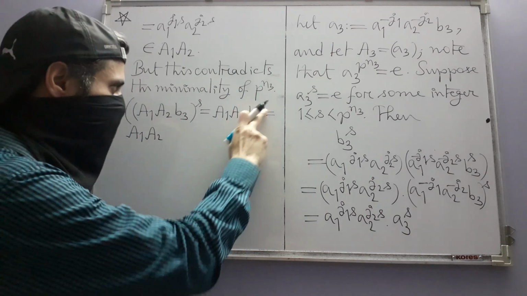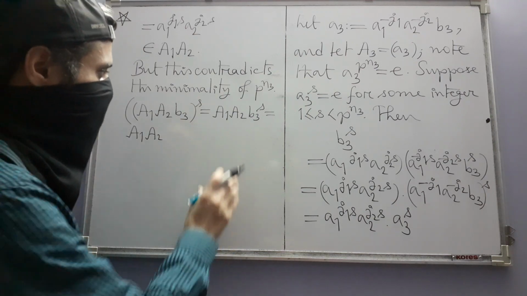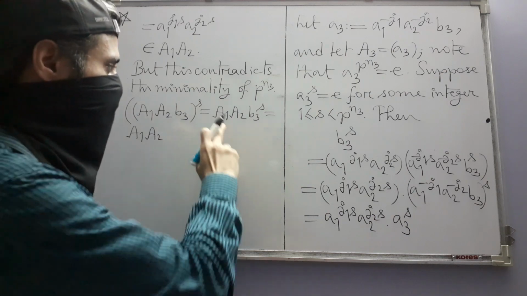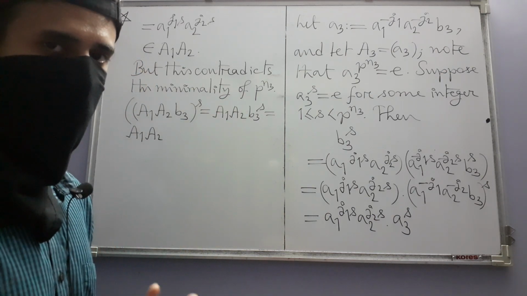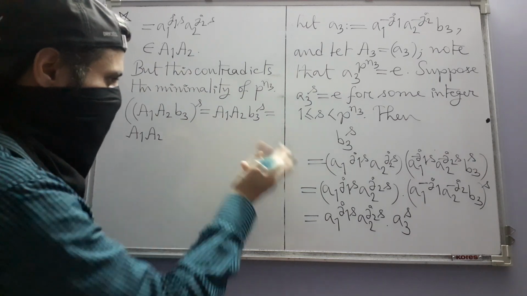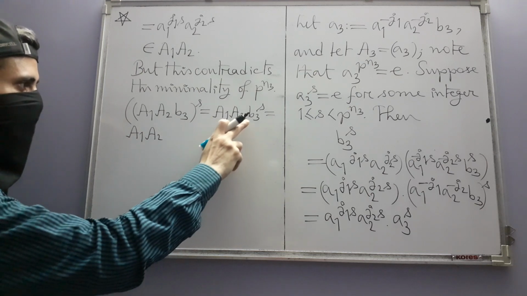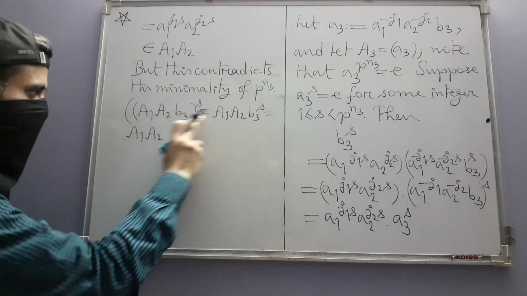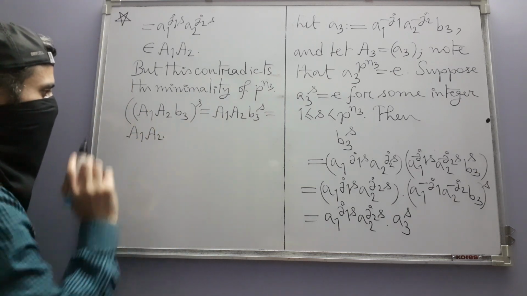Why? Because b3 to the power s belongs to this subgroup ⟨a1, a2⟩. Do not confuse yourself by thinking we have two subgroups. No, this product itself is a subgroup. It may not be a cyclic subgroup itself, but it's a subgroup. And this is a coset of that subgroup. So if the representative element belongs to the subgroup itself, then the coset is just the subgroup.